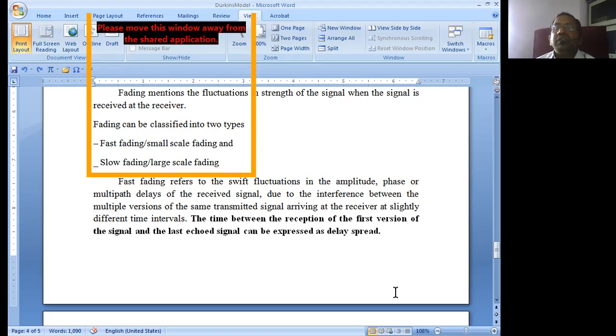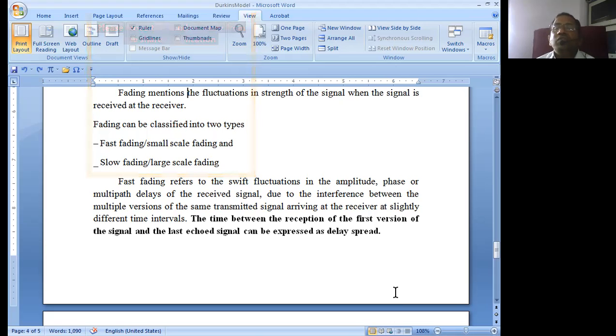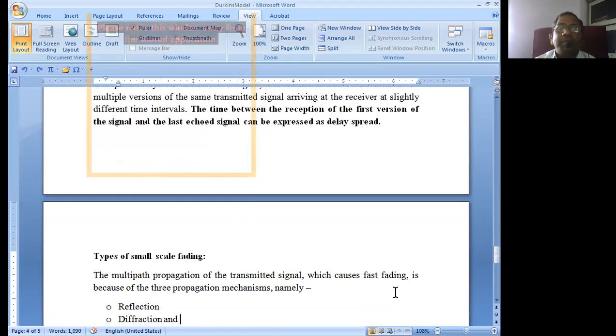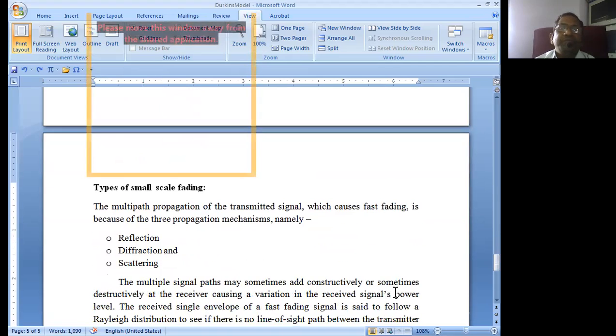So it finds out the time gap between the first received signal and the last echoed signal, expressed as the delay spread. Based on this time gap, it figures out the amount of fading that is going to happen at the receiver side.